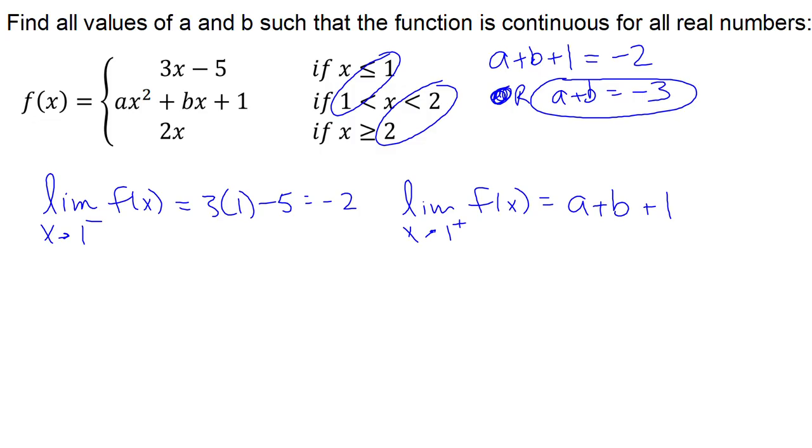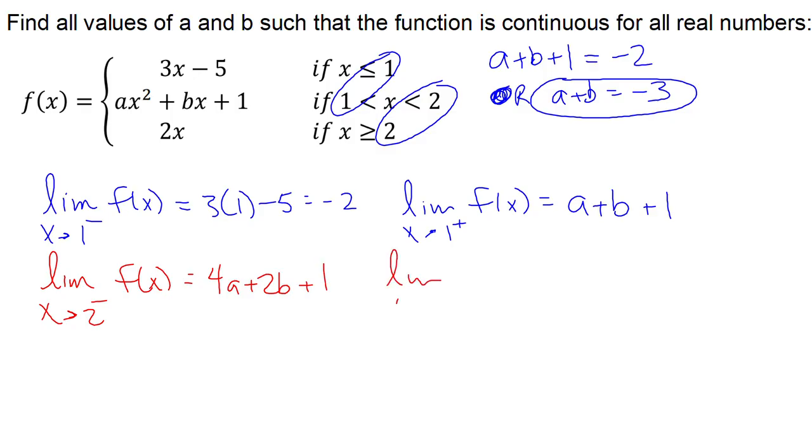And so then we'll go in and we will do the same thing at x equals 2 and get another equation that we need to be true. So we'll do the limit as x approaches 2 from the left of f of x, which now goes into the ax squared equation. So if we put in the 2 there, we end up with 4a plus 2b plus 1.